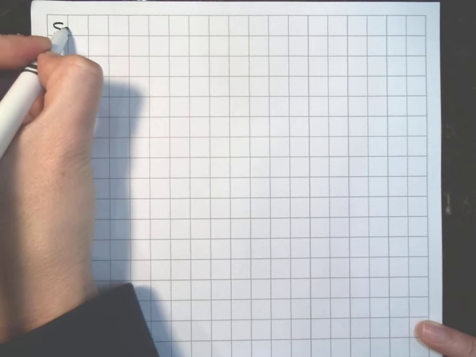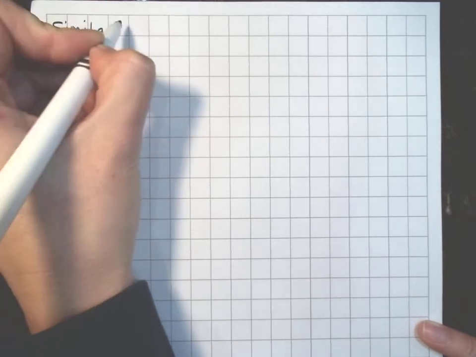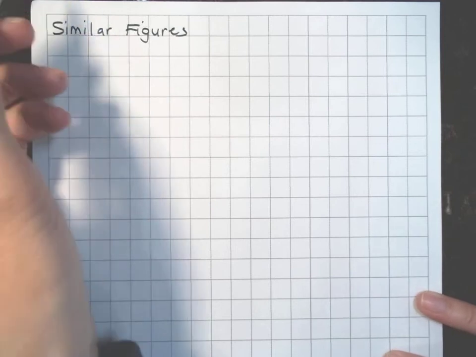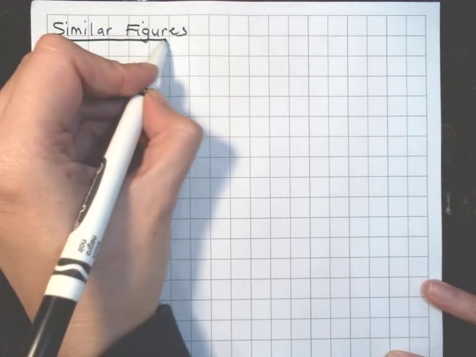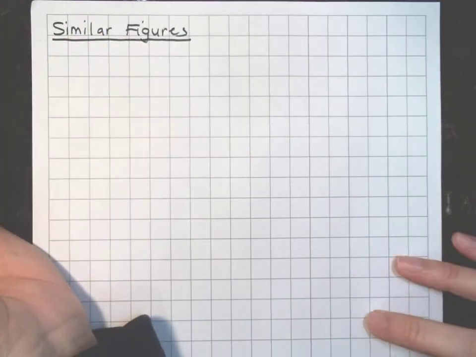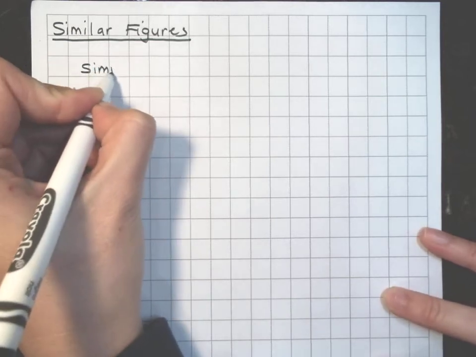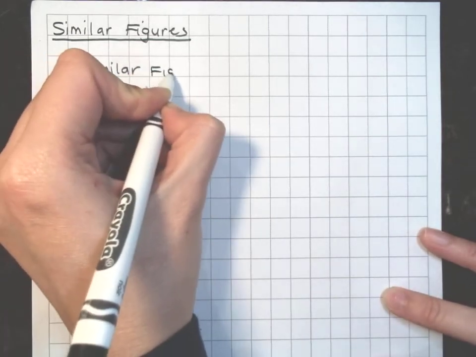Okay, so today we are going to get into similar figures. We kind of got into it last time when we were talking about dilations. Dilations created similar figures. And so what do we know about similar figures?